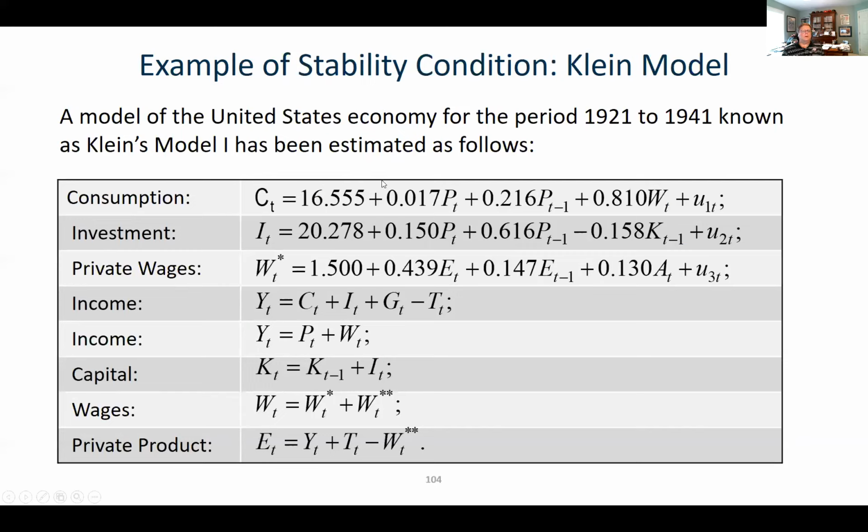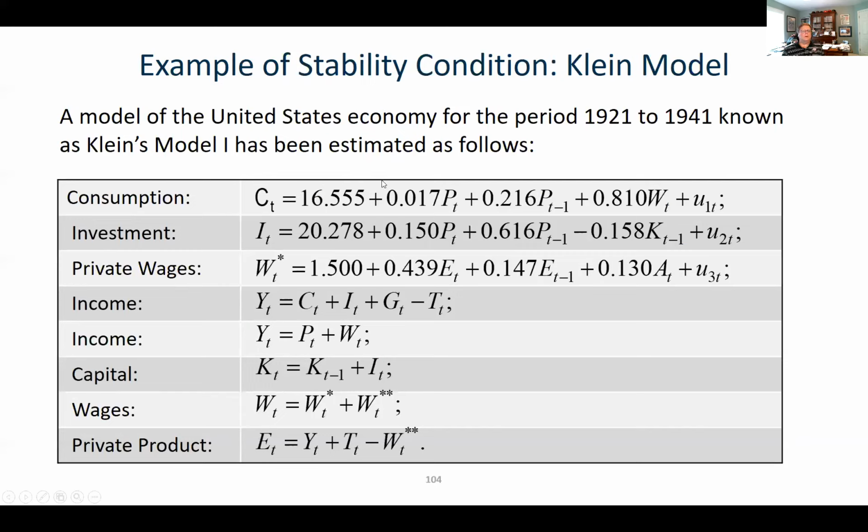But since we have 1, 2, 3, 4, 5, 6, 7 dependent variables, then we have a simultaneous system of that amount. In fact, the endogenous variables actually turn out to be 8 here.